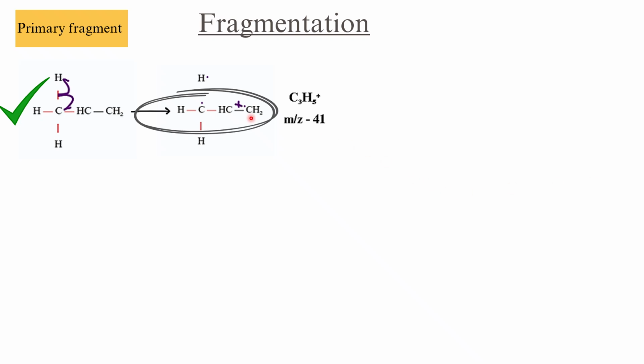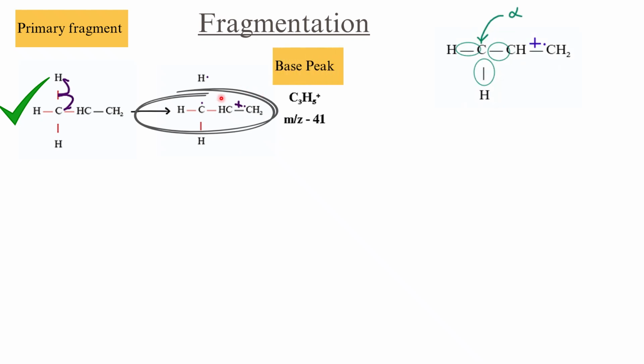Now the next step is to carry out the secondary fragmentation. So this is the primary fragment that we have selected and this is our base peak. Now if I open this structure, this is how my structure looks.